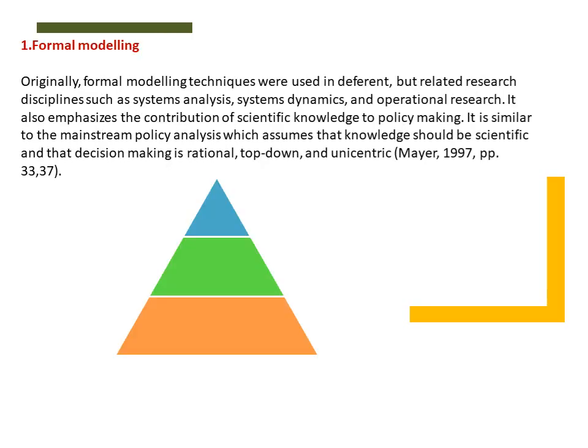So we can move to the formal modeling. Originally, formal modeling techniques were used in different but related research disciplines such as system analysis, system dynamics, and operational research. It also emphasizes the contribution of scientific knowledge to policy making. It is similar to mainstream policy analysis, which assumes that the knowledge should be scientific and that decision making is rational, top down, and unicentric.